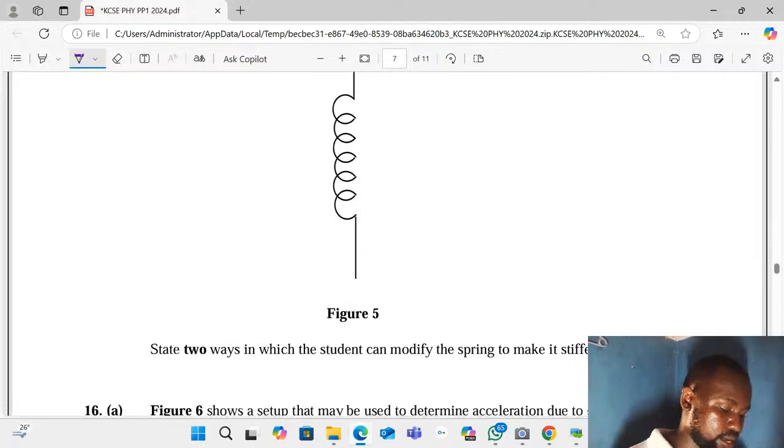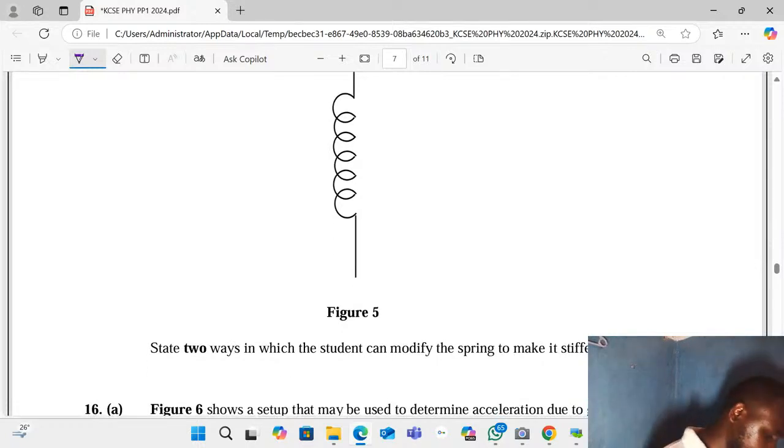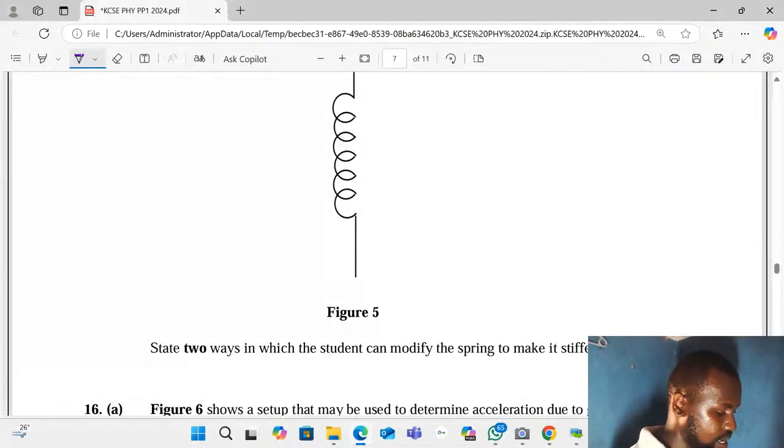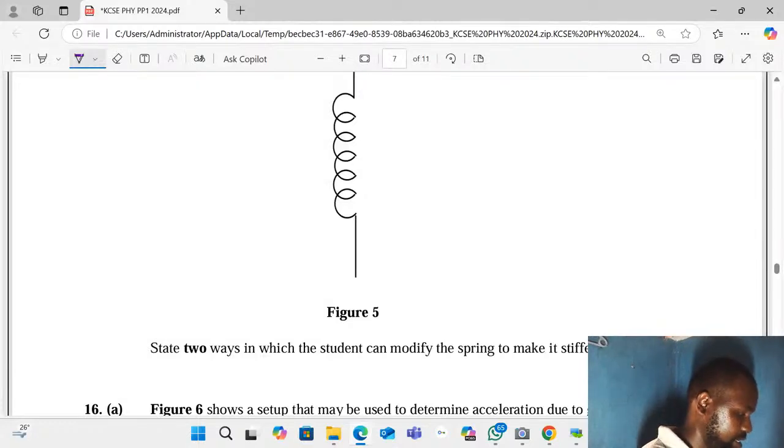Therefore, how can you make a strong spring? We have several methods. The first one is using a thinner rod to coil the wire.